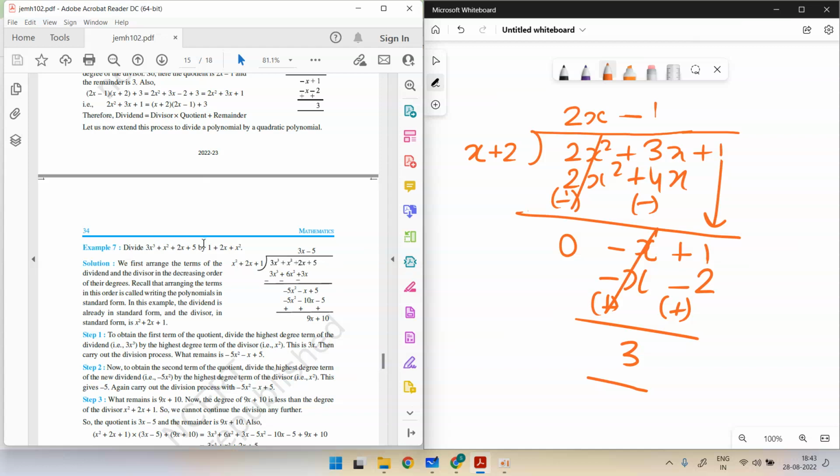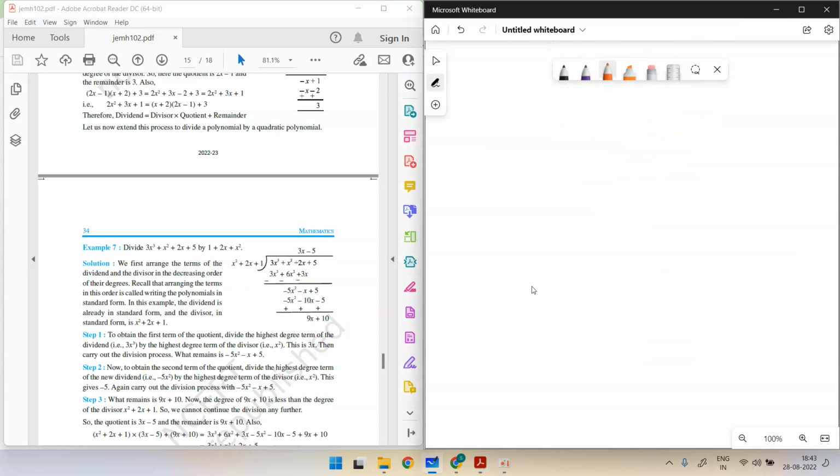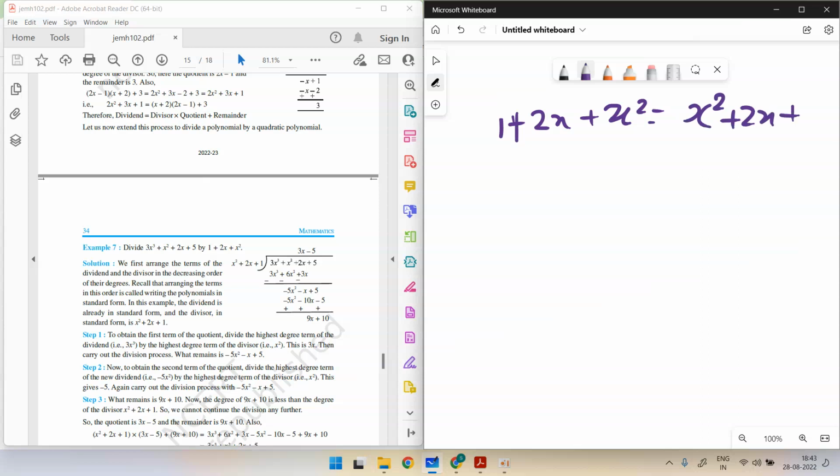So divide this by this. See, I have told you that always try to write this in decreasing degree form. Now 1 plus 2x plus x square, to write it correctly, this will be x square plus 2x plus 1.